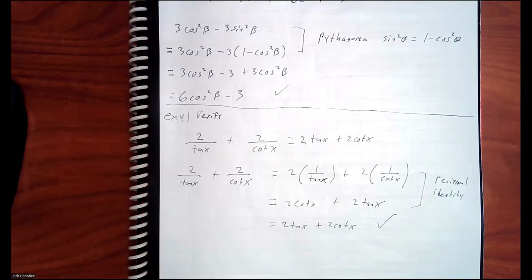Let me see, I don't have the sheet. Yeah, it works both ways. You can flip both sides over, and they're reciprocal to each other. The tangent is equal to 1 over cotan. Cotan is equal to 1 over tan. It's either way.